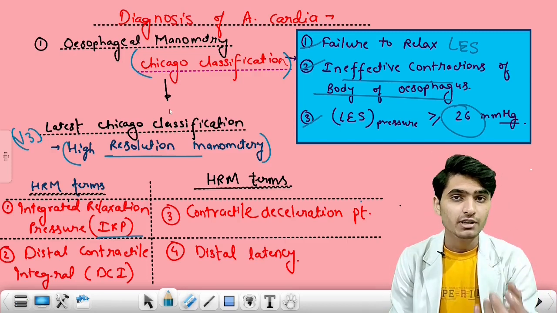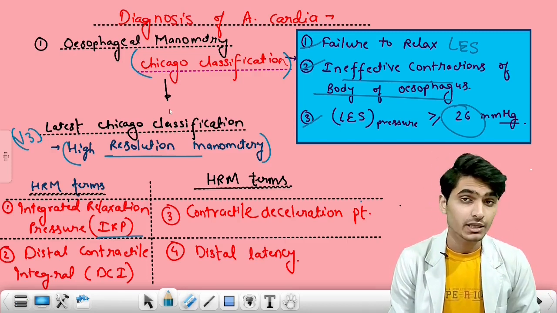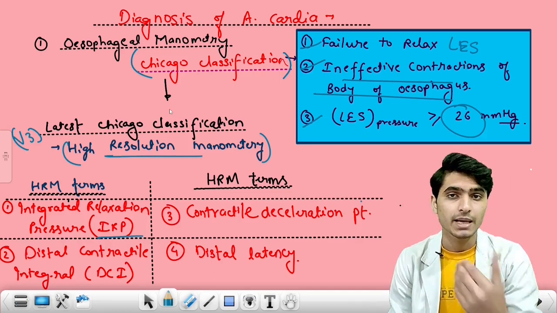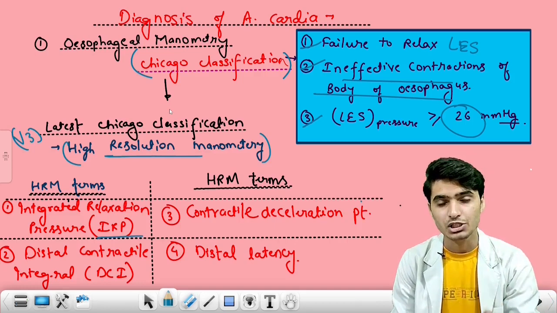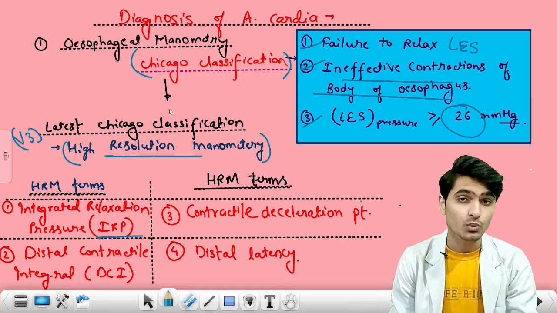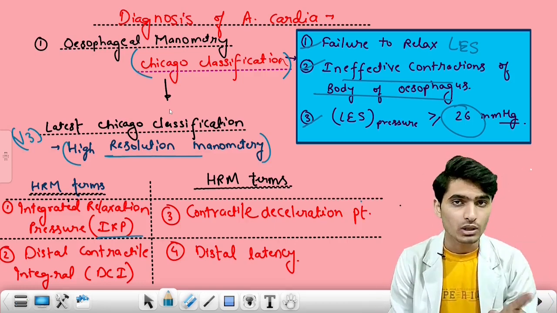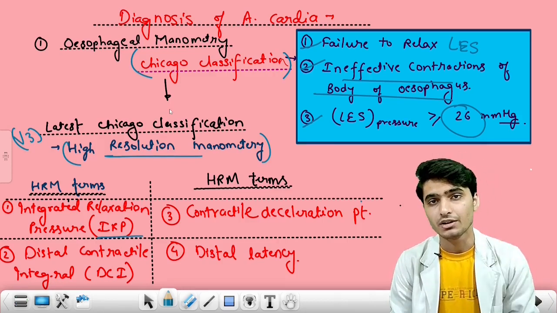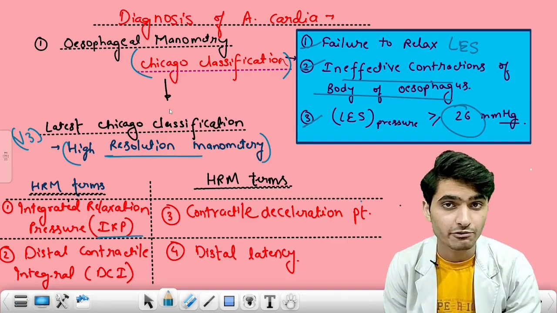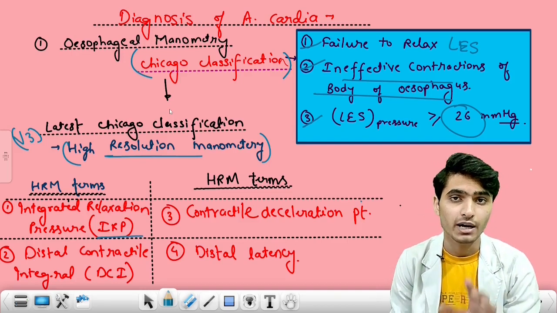Whenever the value is more than 15 mmHg, that means IRP is abnormal, elevated, and that is the criterion for achalasia that is common in class 1, class 2 and class 3. All the classes of Achalasia Cardia have the same criterion with respect to IRP, that is an IRP value of more than 15 mmHg.